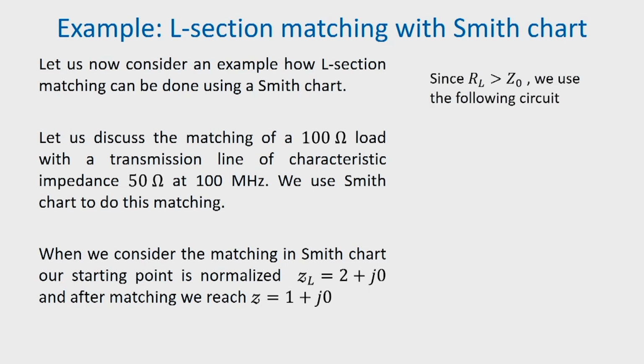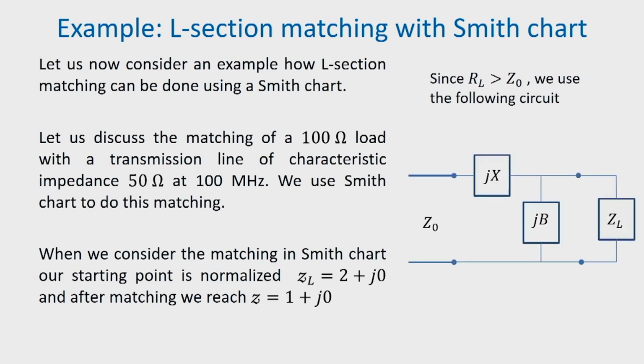So, in our case, since R_L is greater than Z naught, we use the following circuit, where we have this shunt element jB connected to Z_L first, and then the series element jX connected, and this L section network will match this load Z_L with Z naught.